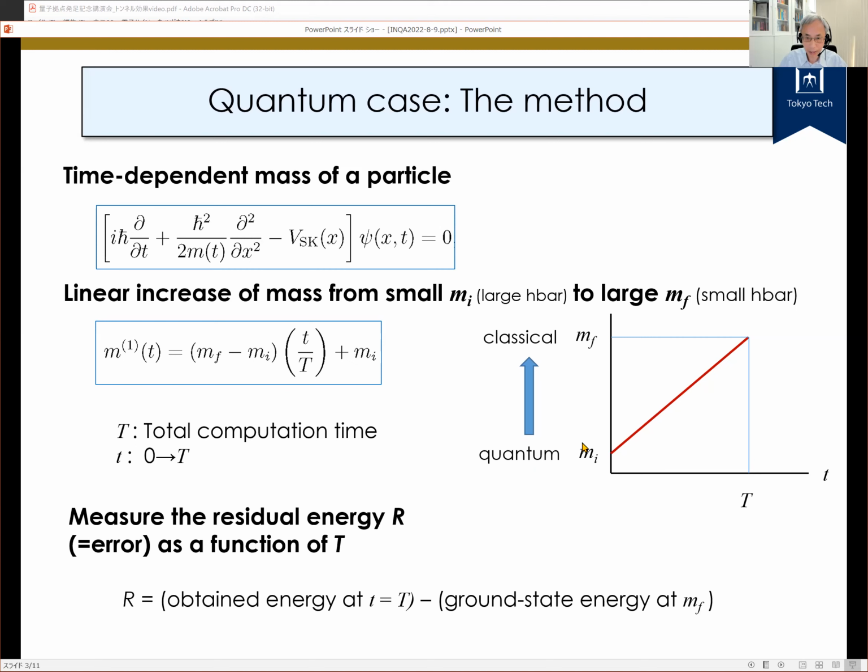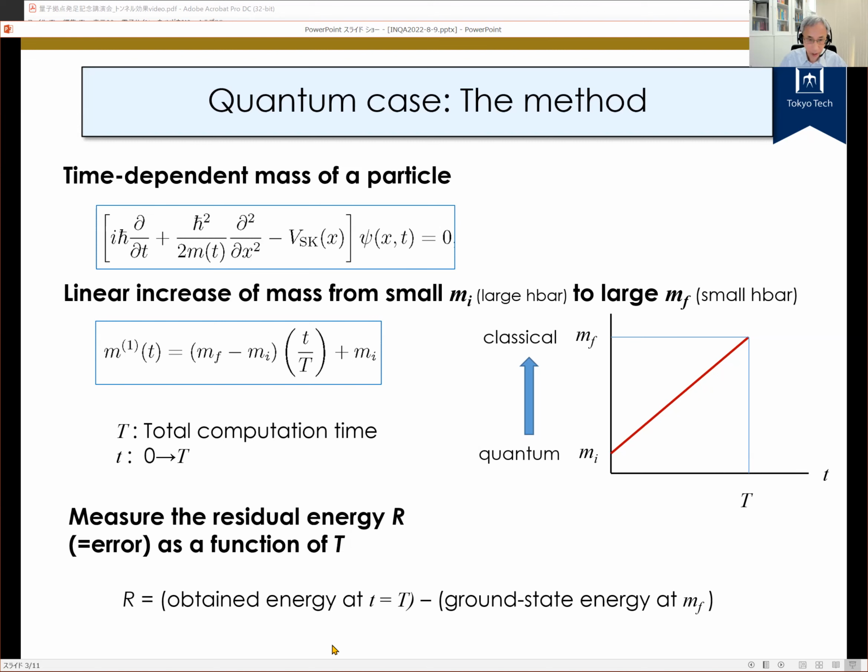And the small mass m corresponds to a large h bar, as you see here. So initially, the system is quantum mechanical. And at the end of the process, mf, the final mass, is very large, which corresponds to a small value of h bar. So the system is classical. So this is a process from the quantum region to the classical region in the spirit of quantum annealing.